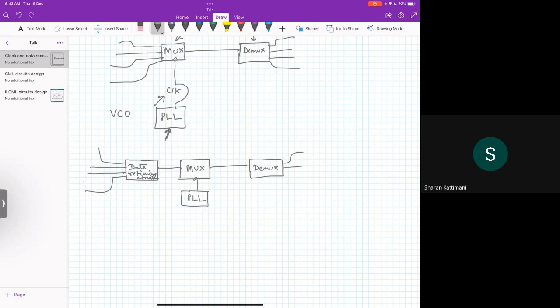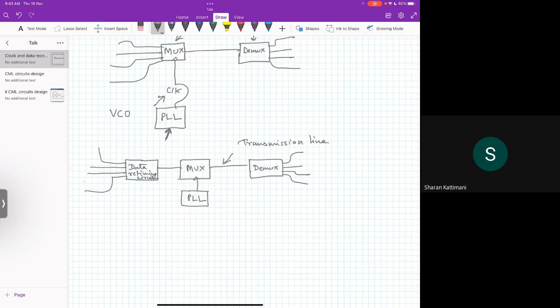Then we know that this line, the interconnect, will act as a transmission line at such high speed. Okay, so you should know the characteristics of this transmission line.